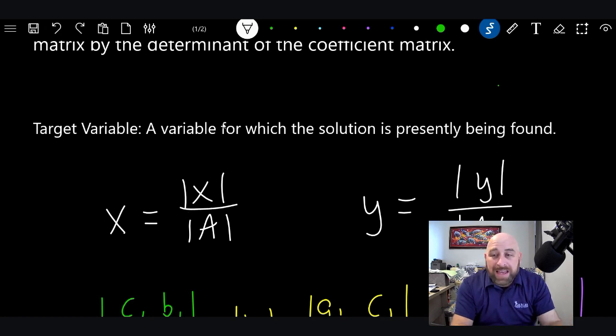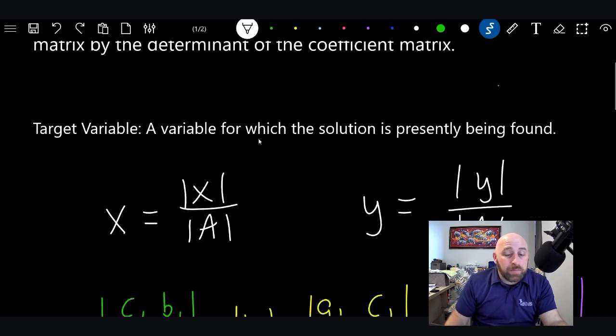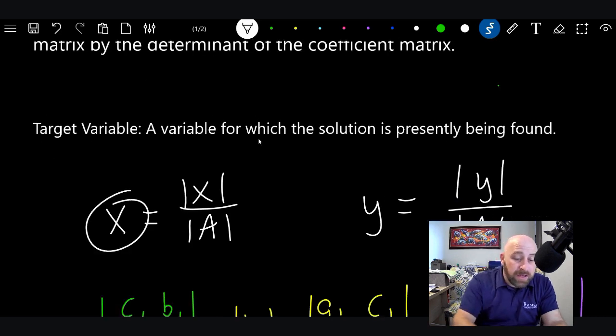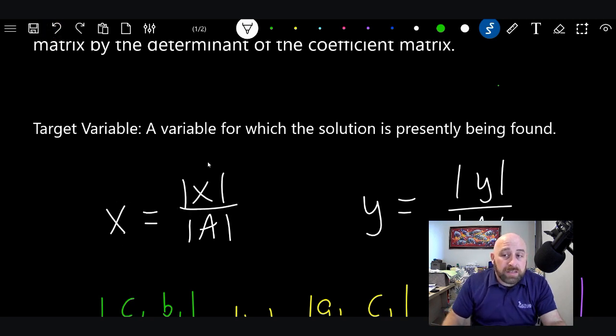We're going to call that A. We could have called it C, we could have called it whatever, but we're going to call it A. That's what Cramer called it, so that's what we're going to call it. That is Cramer's rule. That's as simple as I can get it. So if you're looking for x, you take the x determinant matrix, the target matrix, and you put it over the coefficient matrix.